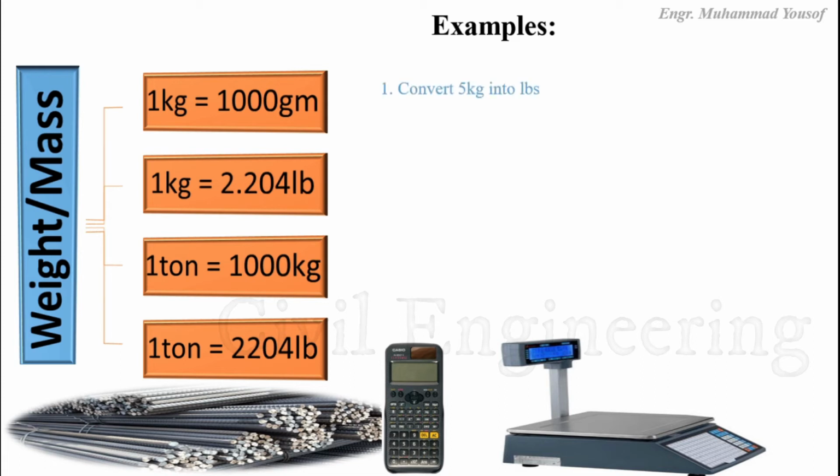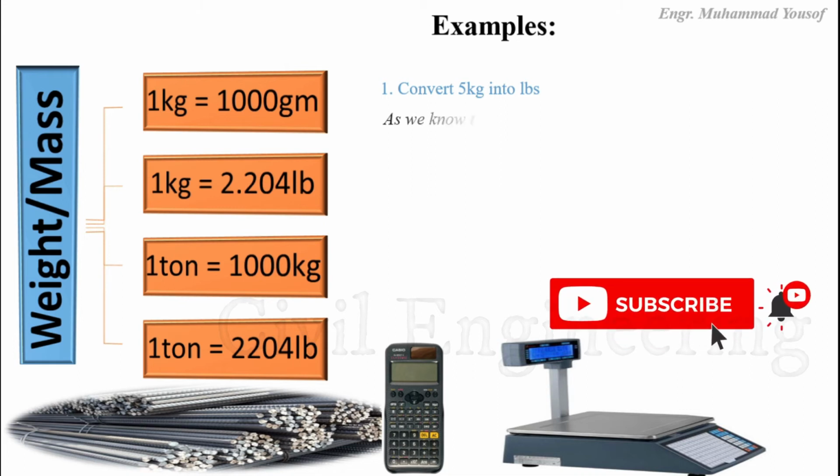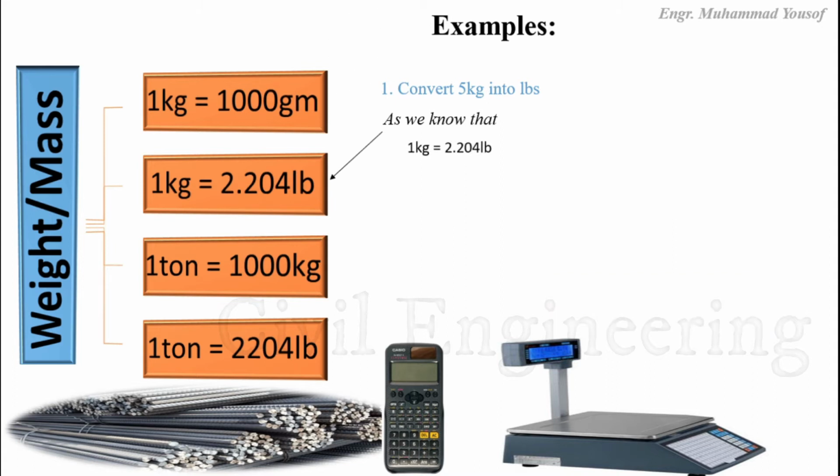Our first example is to convert 5 kgs into lbs. In this example we will convert a quantity from kgs to lb, that is, from kgs to pounds. As we know, 1 kg is equal to 2.204 lb, and here we are going to convert 5 kg into lb. So we will assume that 5 kg is equal to x lbs. Now we will apply a basic rule which is called cross multiplication.